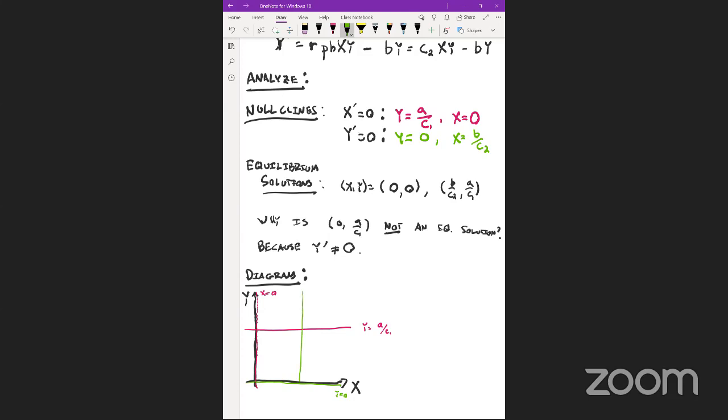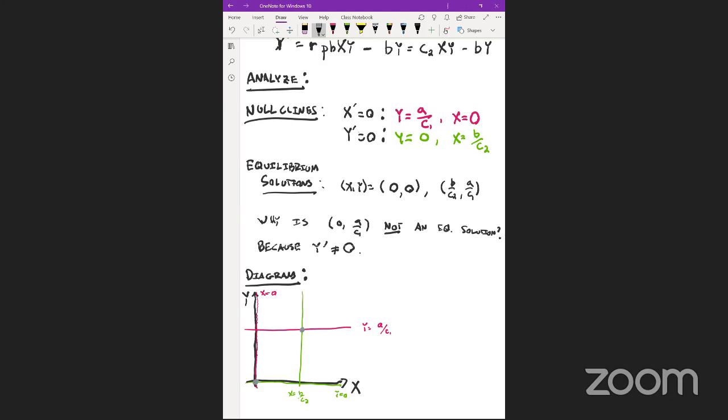All right, we've got 4 regions. We just need to do the trajectory diagram. I should say, of course, we have our equilibrium, or equilibria, here and here.